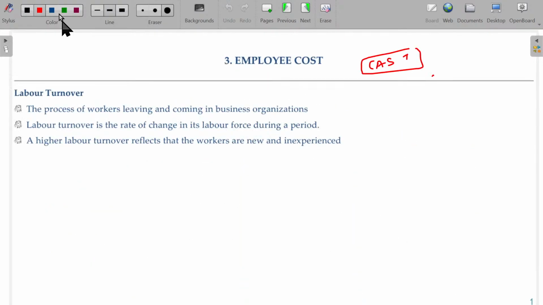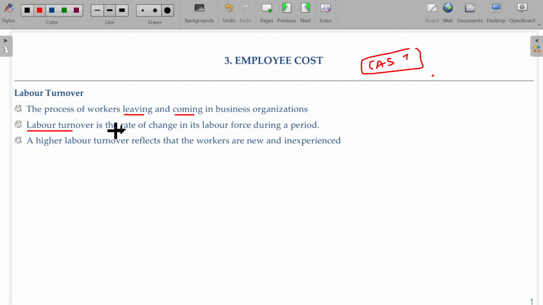Now, labor turnover is nothing but the process of workers leaving and coming to the organization. Resigning or terminating, both are considered as leaving the organization. New recruits joining the company is recruitment.